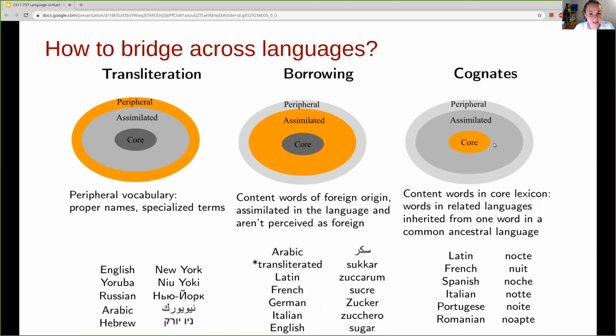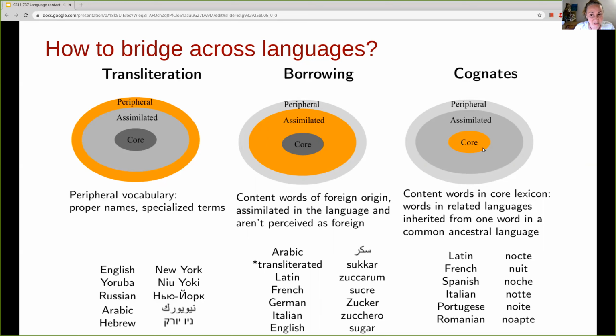And in the case of borrowed words, we also need to model phonological and morphological adaptation, but unlike with cognates, language contact and lexical borrowing can happen with very different, typologically unrelated languages.